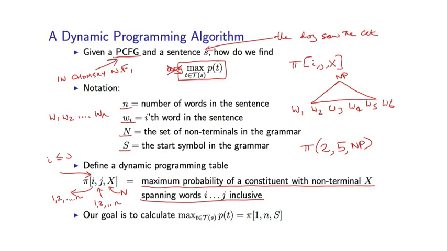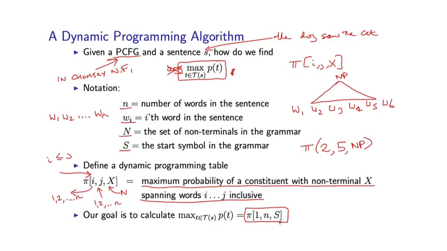Given that definition, remember that our goal is to find the highest score for any parse tree. Well, by this definition, pi of 1, n, S is going to be the highest scoring parse tree with S at its root spanning words 1 through n inclusive. And so if we can calculate this value, we've essentially solved the problem.